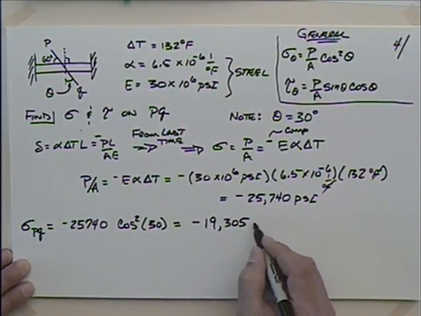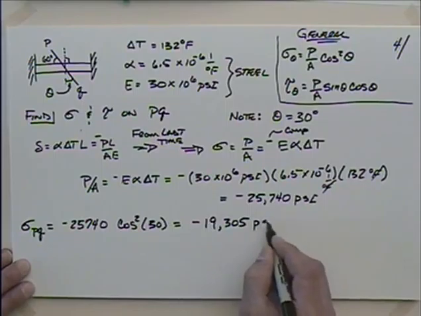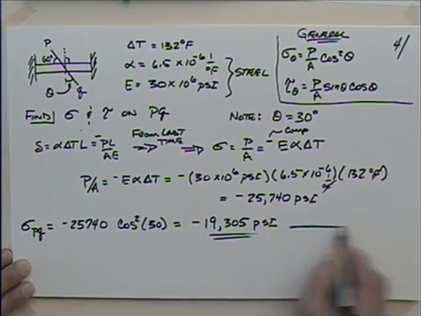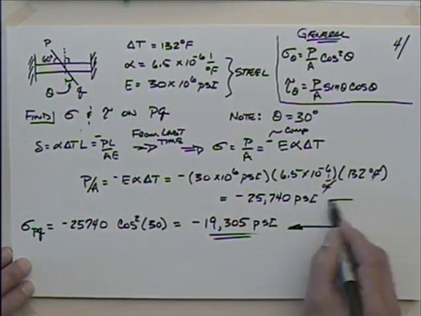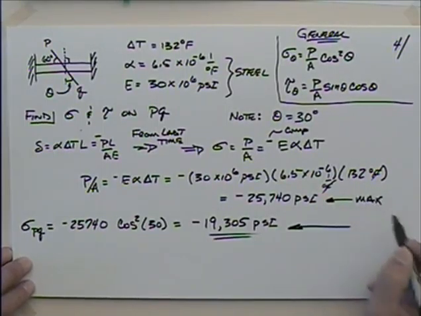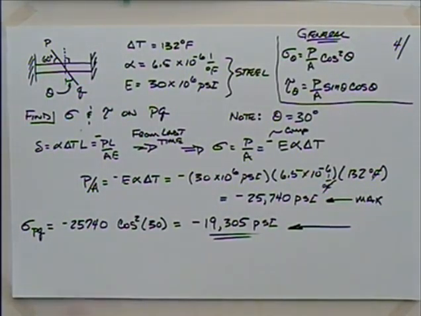I got too many significant figures, but you can see where it comes from. So that value is actually less. This one, in fact, is the maximum. If we were most worried about axial stress, we'd look at that one. This one we're going to recognize as less. But while this is the maximum for the normal stress, it doesn't have any shear stress at that orientation.